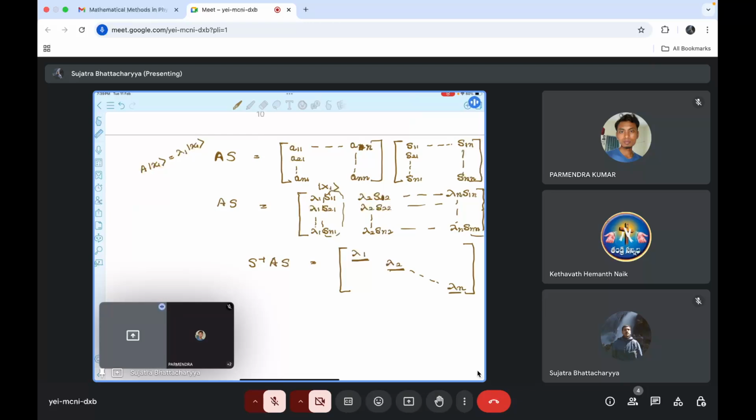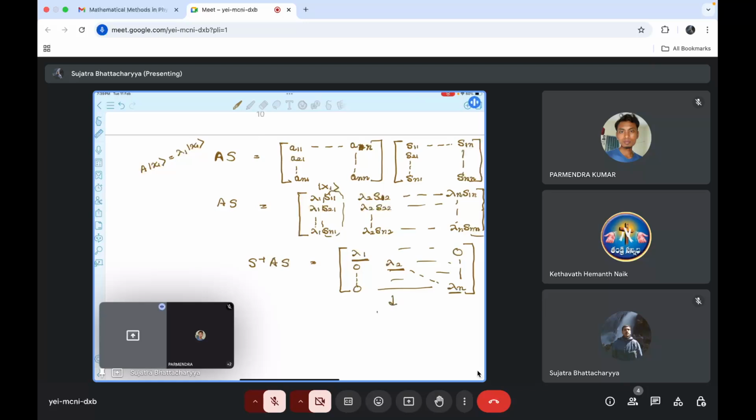Because if you have the eigenvectors of the matrix, when you do this kind of a procedure, that S inverse AS, this diagonalization technique, you will find the diagonal elements of that diagonalized matrix are the eigenvalues. Okay, all other elements will be zero. Only you will get this.